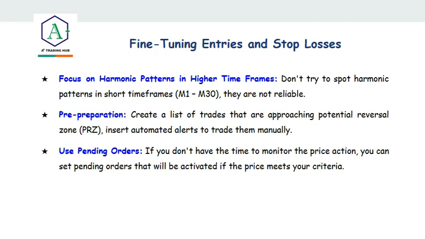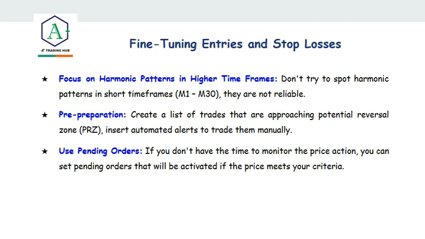So you need to prepare yourself to trade any harmonic patterns you saw before a particular time. You can also use pending orders. If you don't have time to monitor the price action, you can set pending orders. For example, you notice that a bullish bat will soon be completed, so you can set a pending order at the PRZ price, within the potential reversal zone points, maybe a buy limit order, since you are projecting a bullish bat.